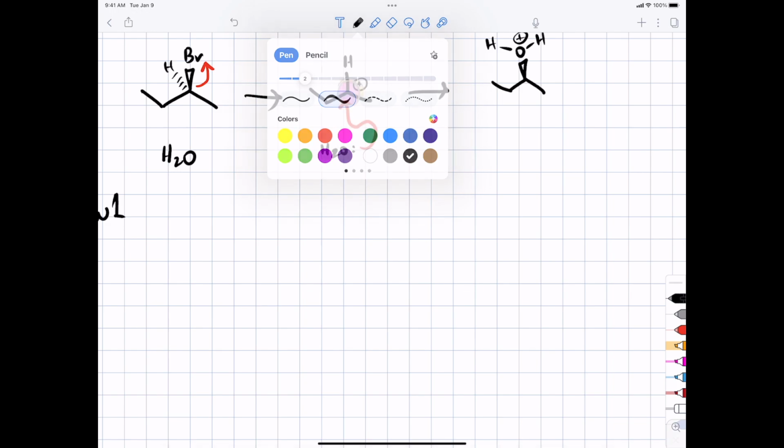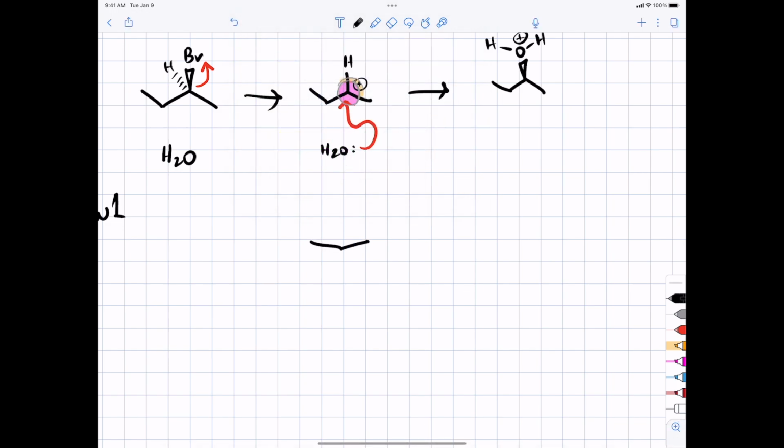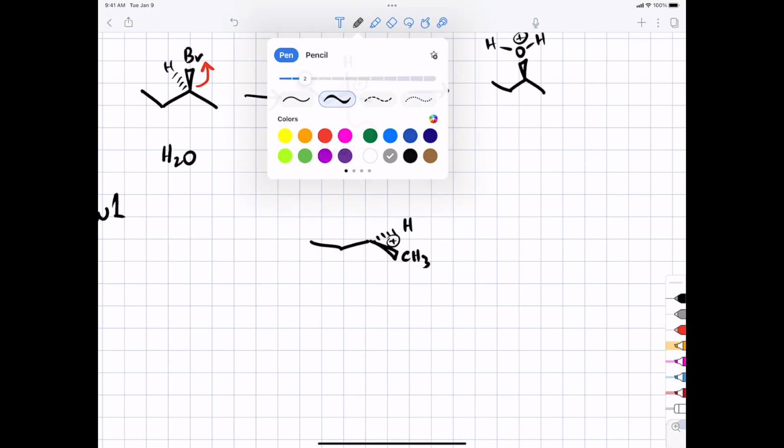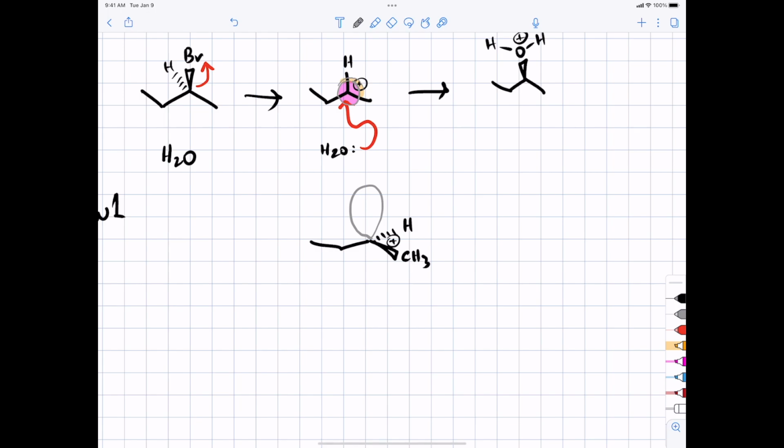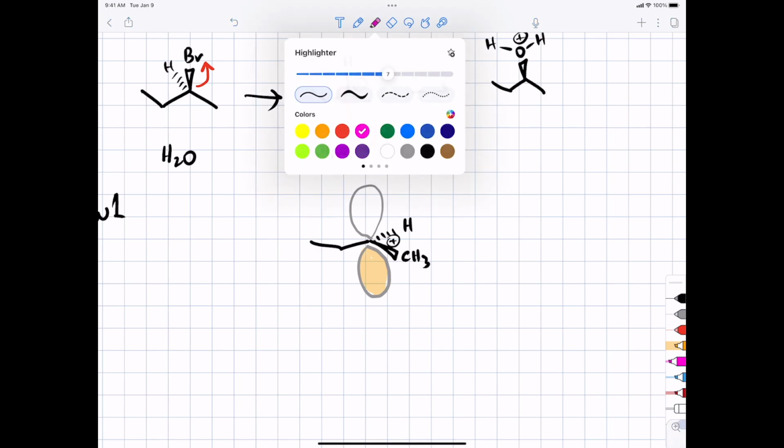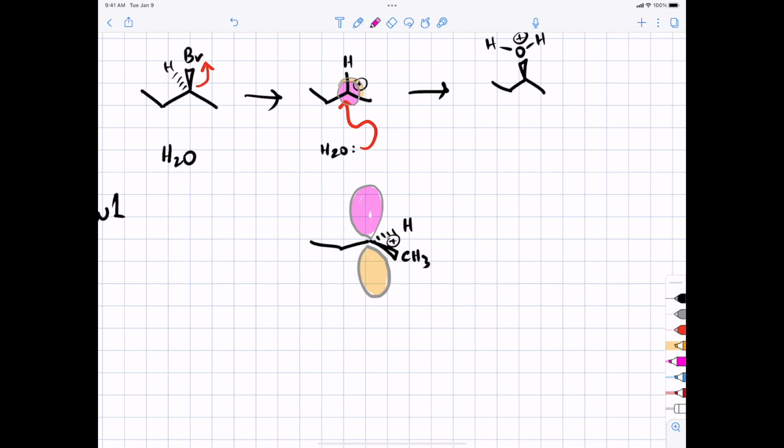We could draw this from the side if we wanted to. We'll draw a methyl group coming out at us, hydrogen going back into the plane of the page, positive charge on that carbon. From the side, yeah, we're going to see something like this. So which lobe of the p orbital is that nucleophile going to attack? Right there.